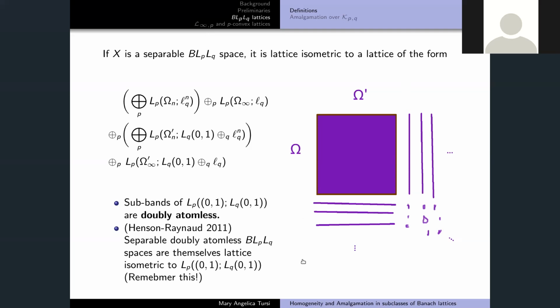And if I take a band, I can take some sort of blob circling around different portions of it, and that can characterize, at least abstractedly, a separable BL_{p,q} space like this, according to what's supporting the functions in that space.